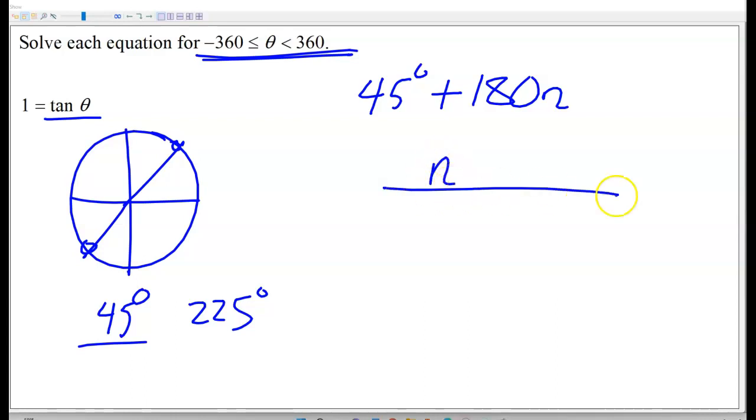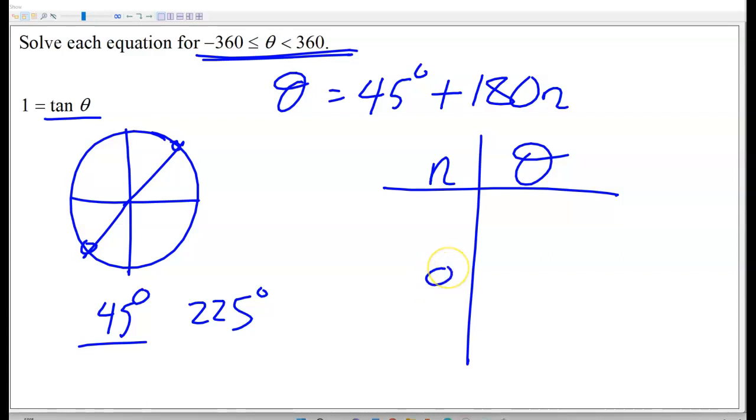So I'm going to pick a lot of different values for n, and that's going to give me specific values for theta, and I want to get as many as I can between -360 and 360. So let's go ahead and start with letting n equal 0. So in other words, if I plug in 0 here, 180 times 0 is 0, plus 45 is 45. So if n equals 0, then theta equals 45.